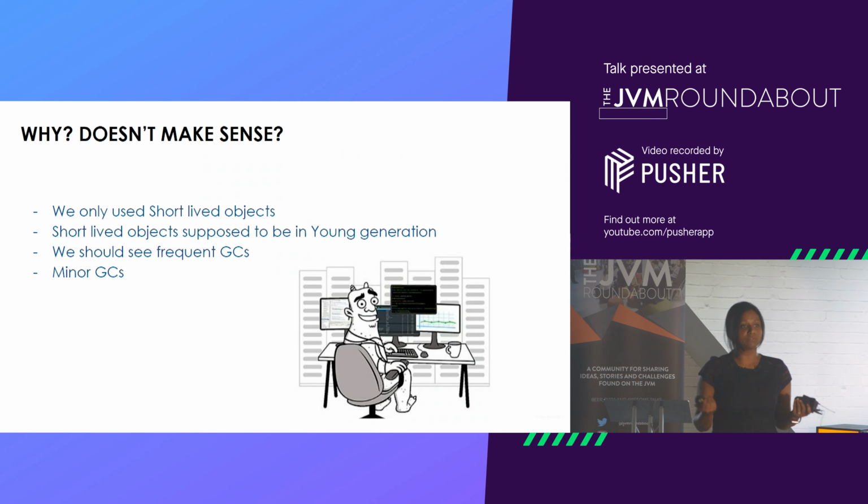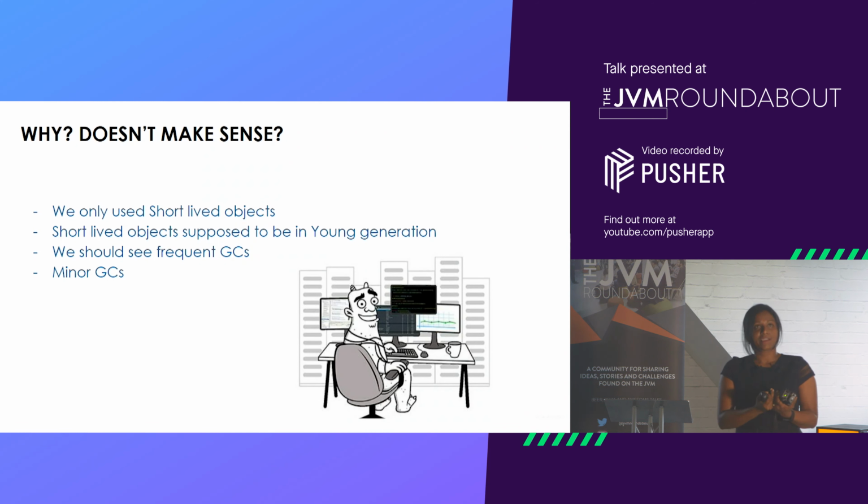They will soon become unreachable. So they should go through lots of minor GCs, which means it should happen more frequently, and the usage of the Eden space, the young generation, should be a lot higher, and it should probably not even reach the old generation, or maybe a little bit, but not such a high usage of old generation. So it didn't make any sense to me.